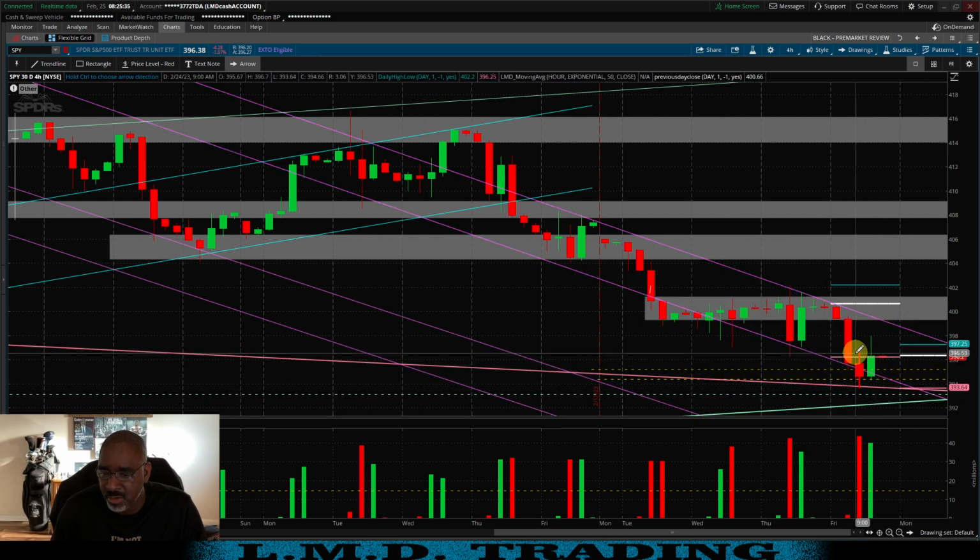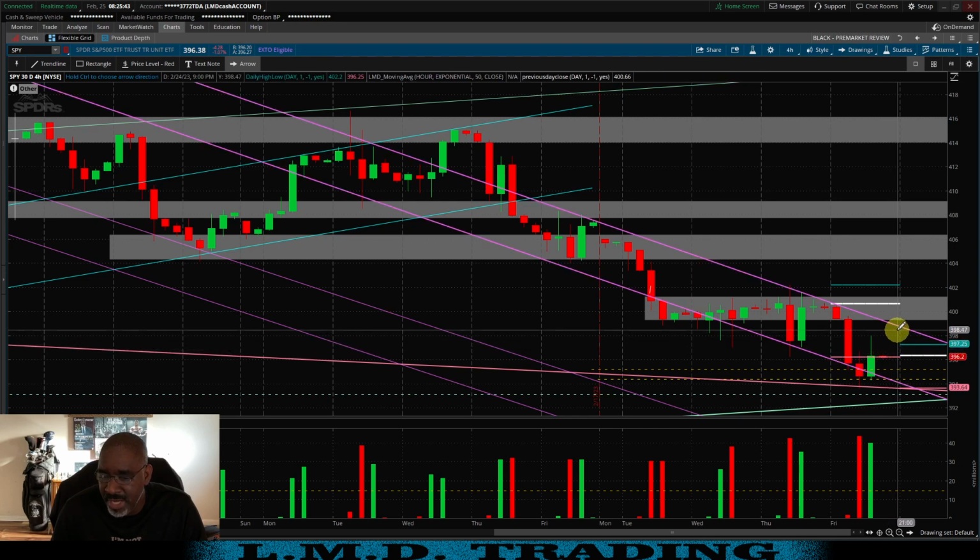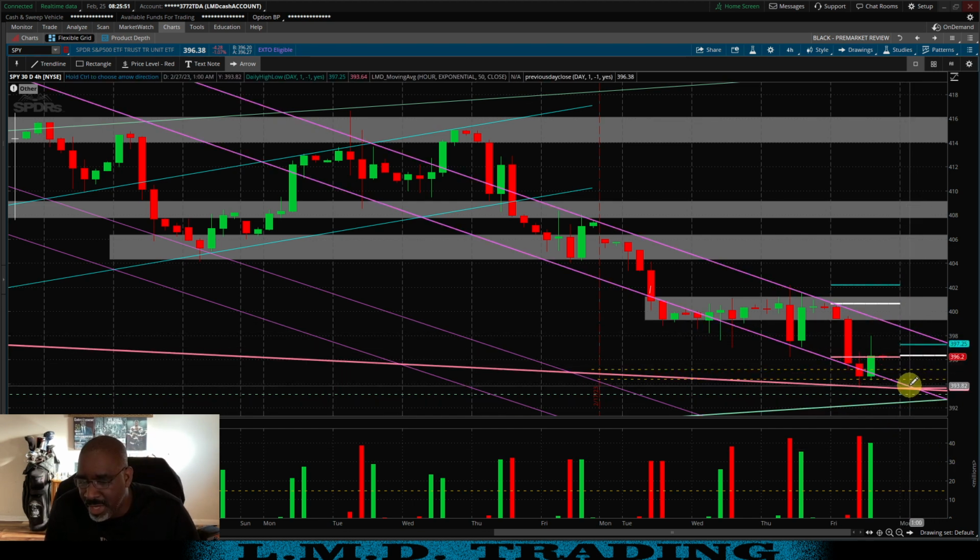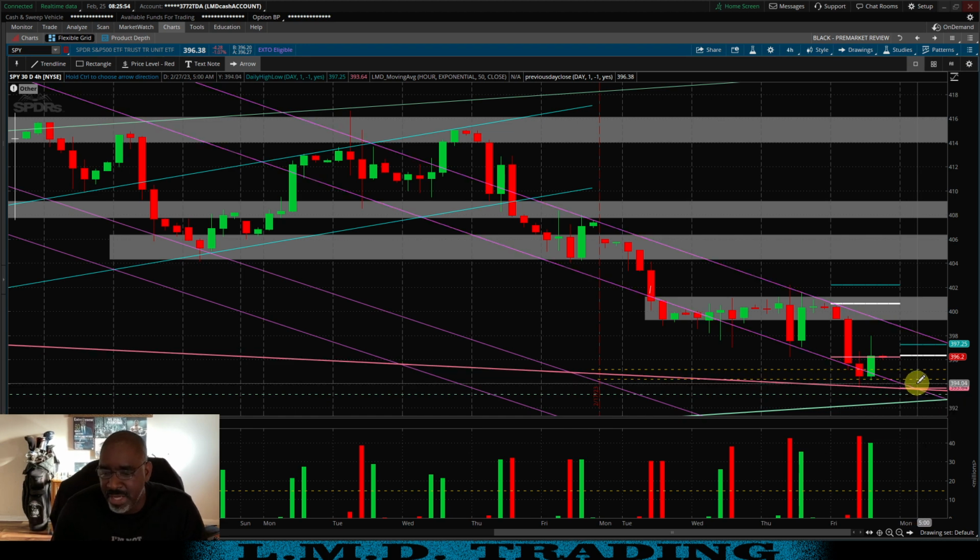But you see now, we're somewhat in the middle. The most logical move will be this push back up to 398, attempt to break out, or it's just going to roll over and we can possibly come back down to 393 in the next couple of days.